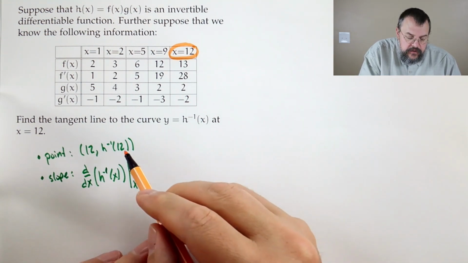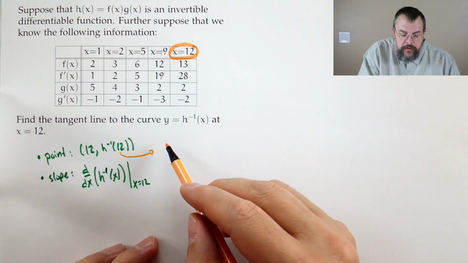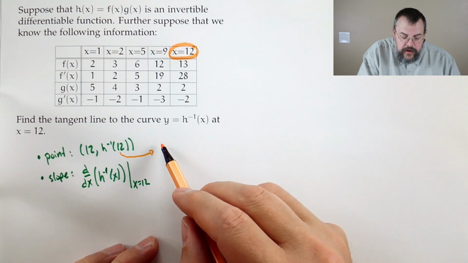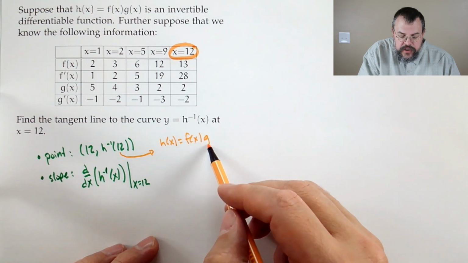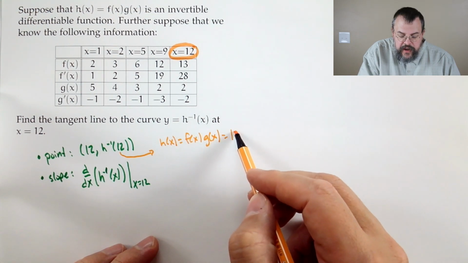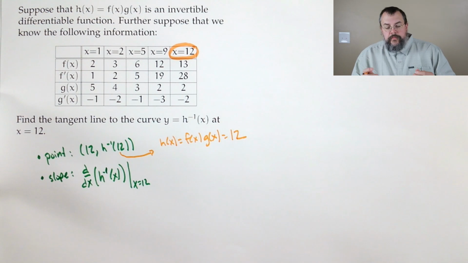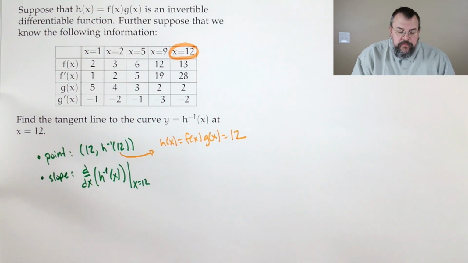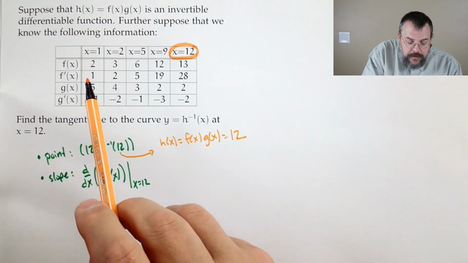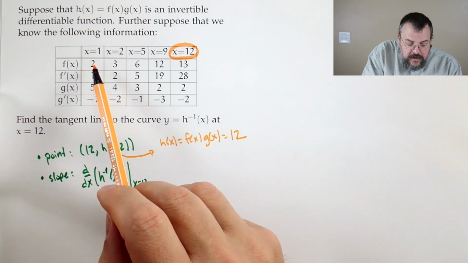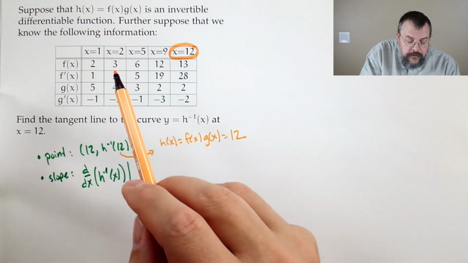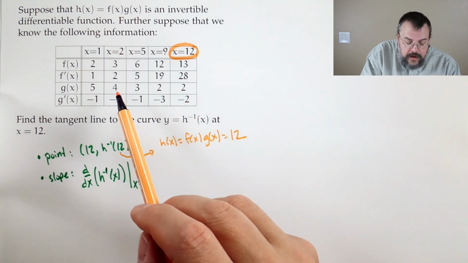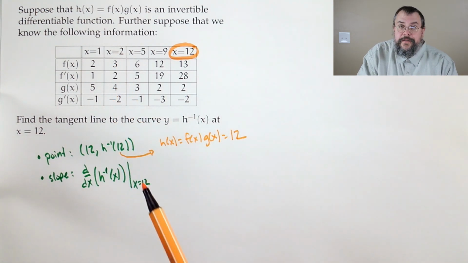Well, we're really looking for some x where h of x, which is f of x times g of x, produces a value of 12. So we start looking and say, okay, let's start with 1. That would be 2 times 5. Well, that's 10. No. Next at 2, 3 times 4. Yeah, it works. 12. Good.